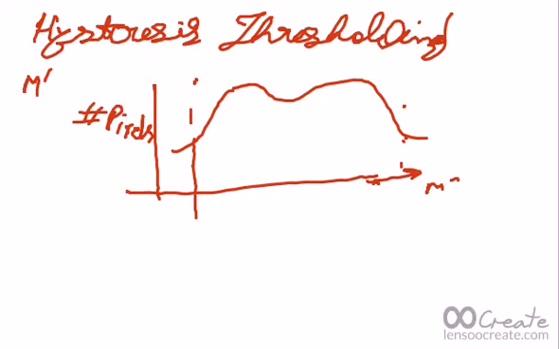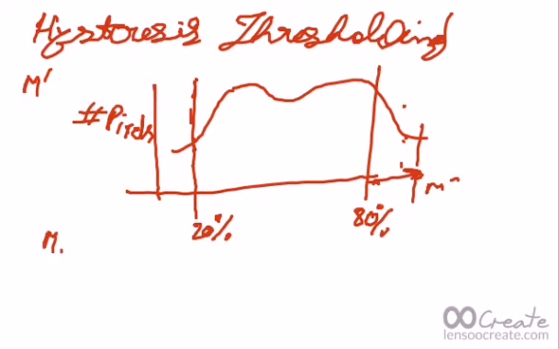So here we divide it into 3 parts. Let this be the maximum m value, so this is 80% of the maximum, and this is 20% of the maximum, and we create two matrices, MNH and MNL.